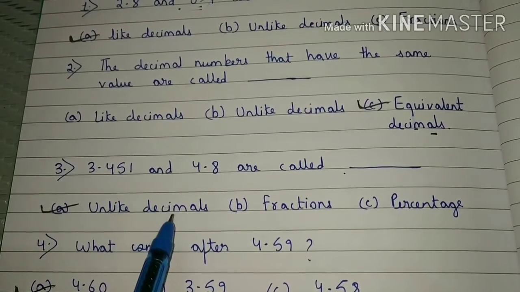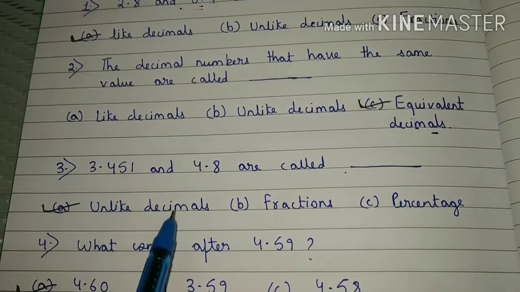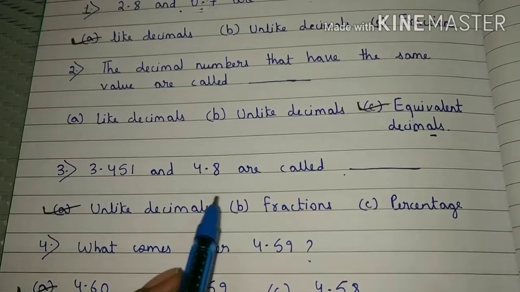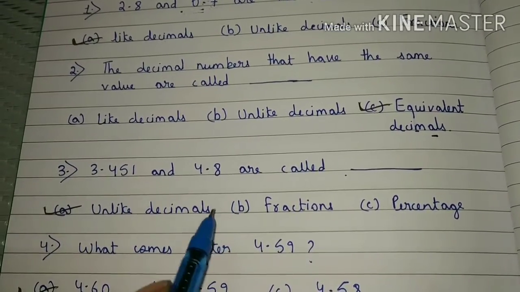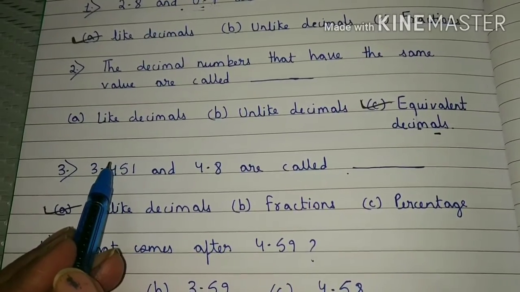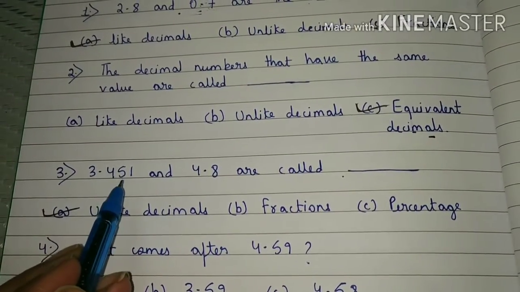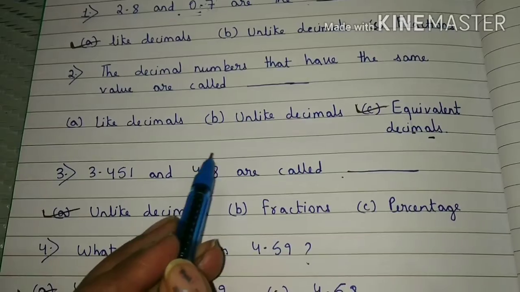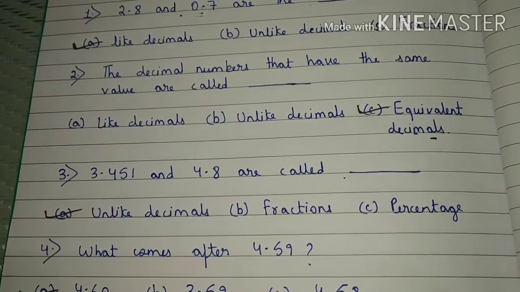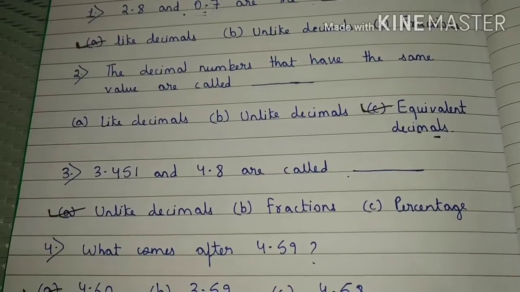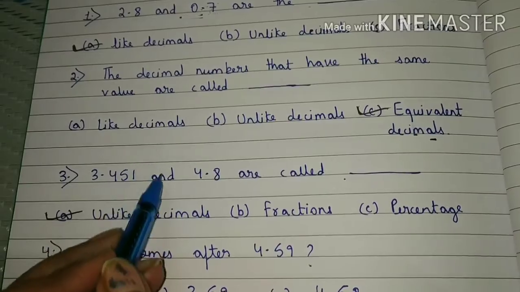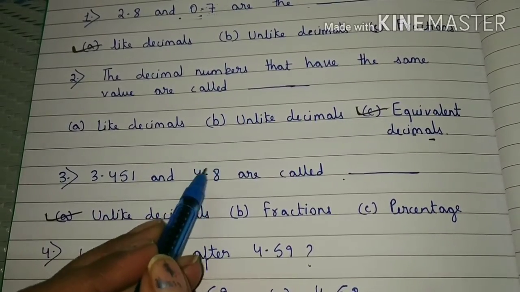Why unlike decimals? Because unlike decimals are those decimals which have the different number of decimal place. Students, you can see here after the decimal point number of digit is 3. Here after the decimal point number of digit is 1. So both these decimal numbers have the different number of decimal place.